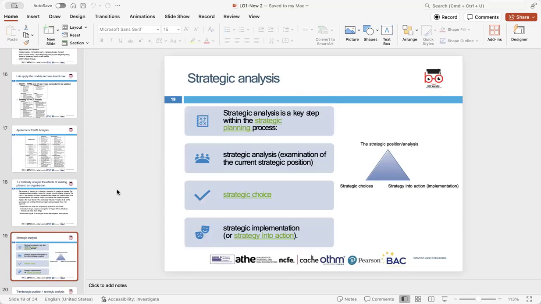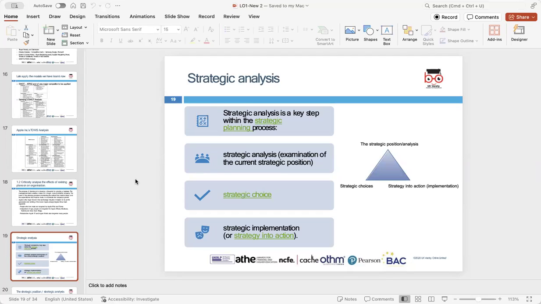Strategic analysis is a critical component of the strategic planning process. It involves examination of the current strategic position, where basically they assess the present state of the organization's strategy, then strategic choice, deciding on the best strategic options based on the analysis.